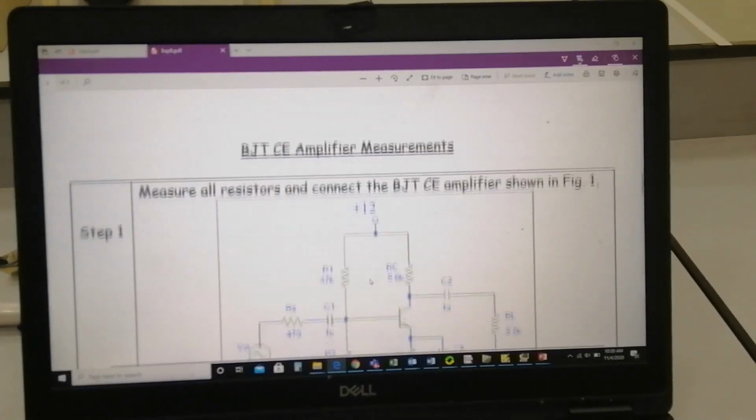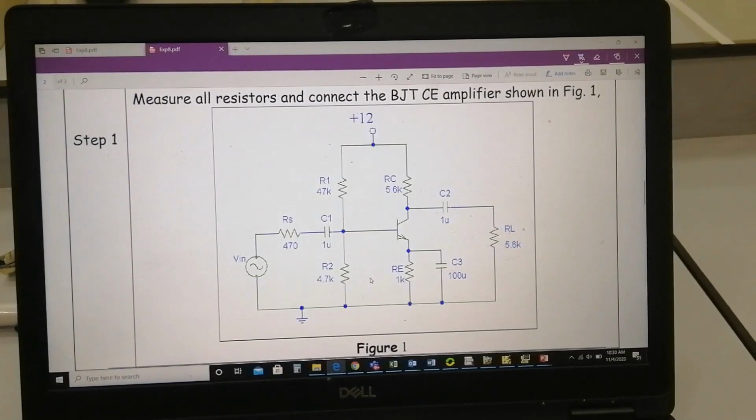Now, this is our circuit. As you can see, there are some changes in the values from our previous BJT circuit. RE, the emitter resistor, is 1K, RC is 5.6K.